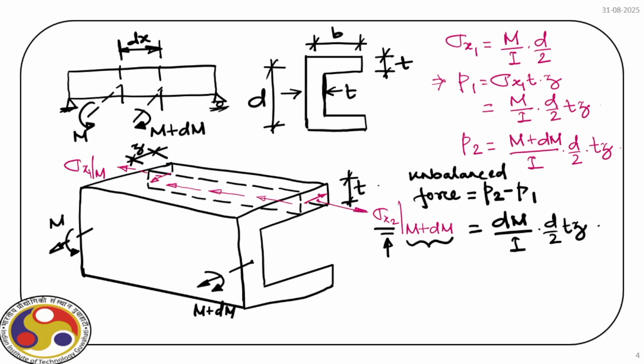Right? Okay. Now, this is the shear that is causing a shear force which is acting over an area of thickness t and length dx. So we can quantify that shear force. So the shear force is equal to tau times dx, the length of this segment is dx, times the thickness of the section t.